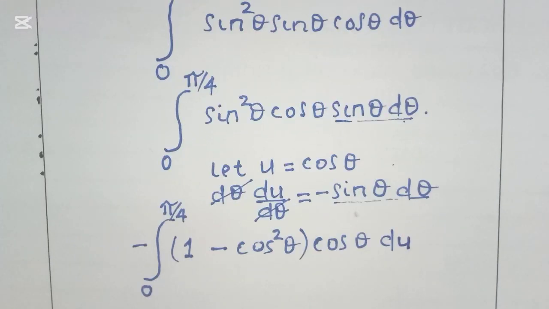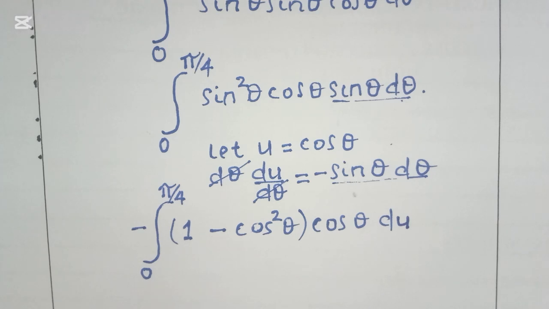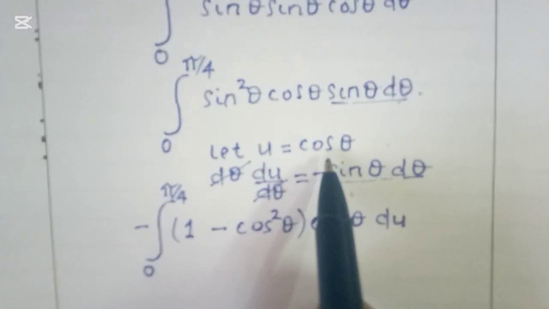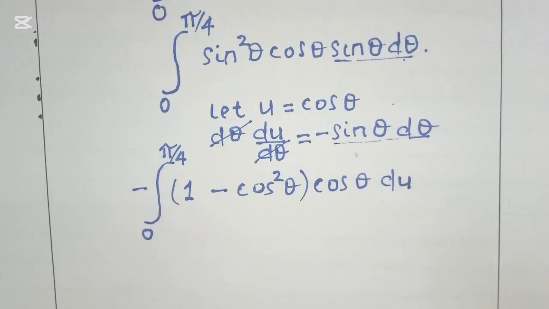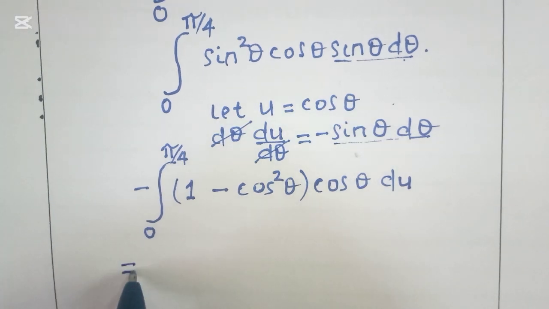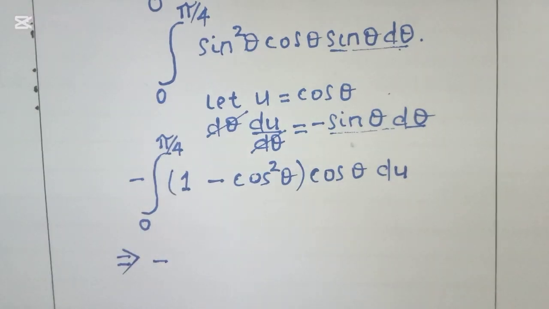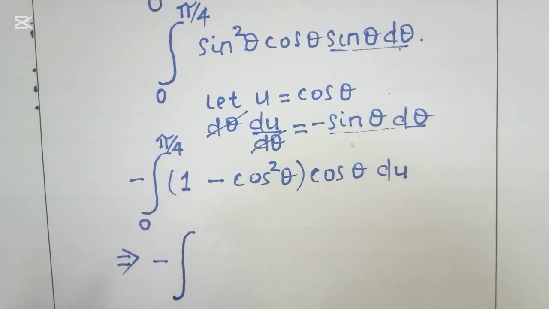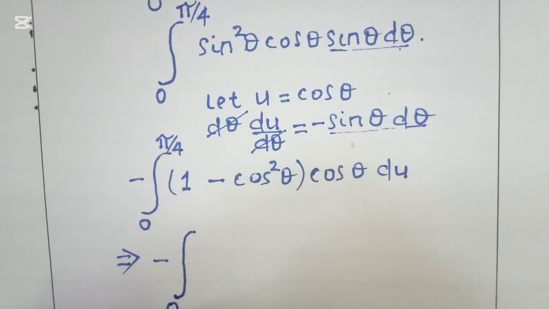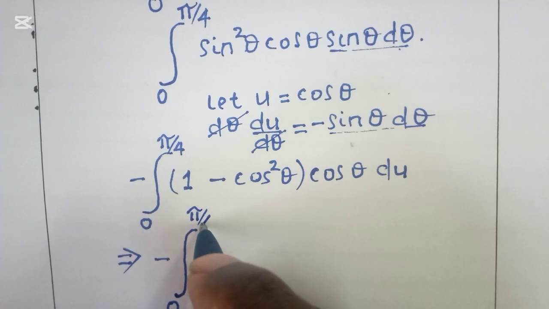So finally, guys, or almost finally, we are going to end up with u, when we come now to replace cos theta with u. So let's continue. We shall have minus integral from 0, remembering that this integral is in regard to theta.